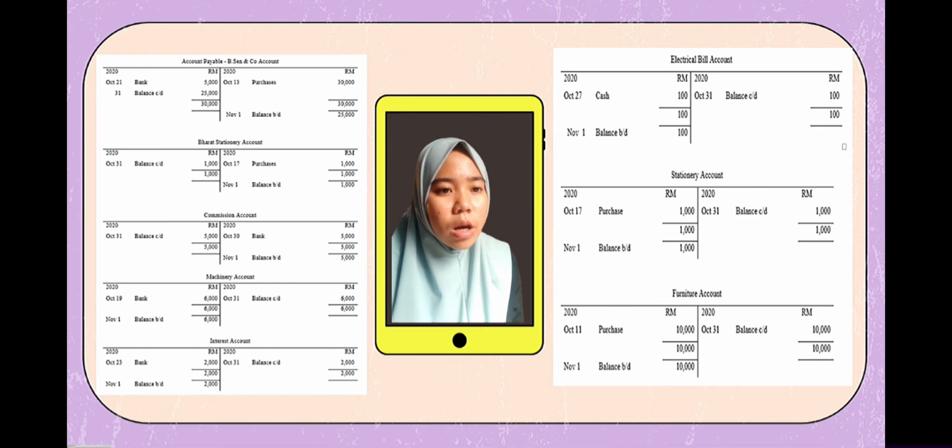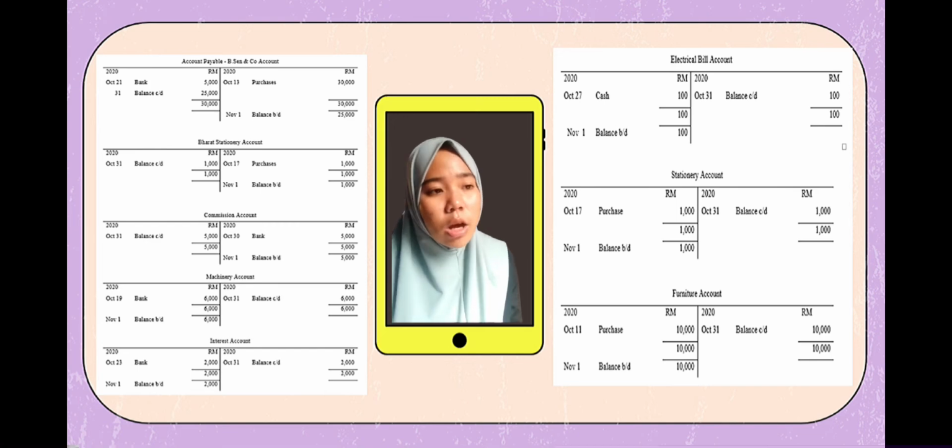The balance on 31 October is 600, and the balance on 1 November is also 600. For interest account, 23 October, from bank 200. Balance on 31 October 200. So the balance on 1 November is 200.